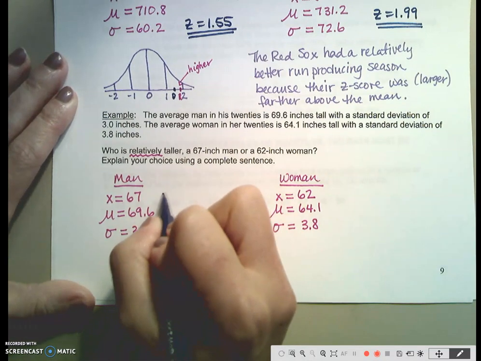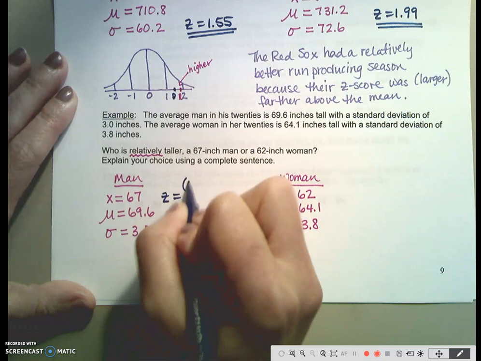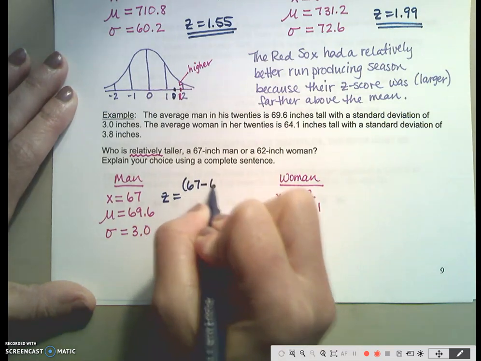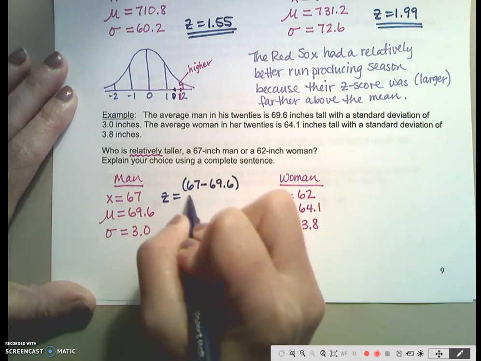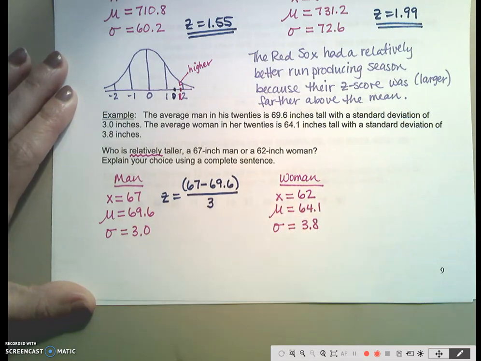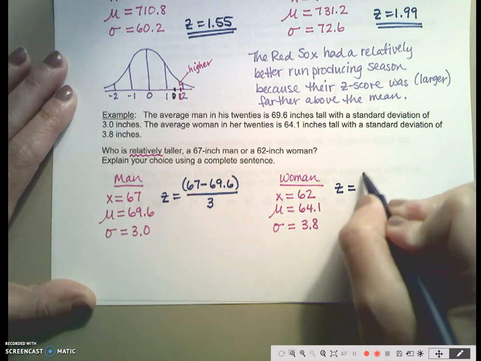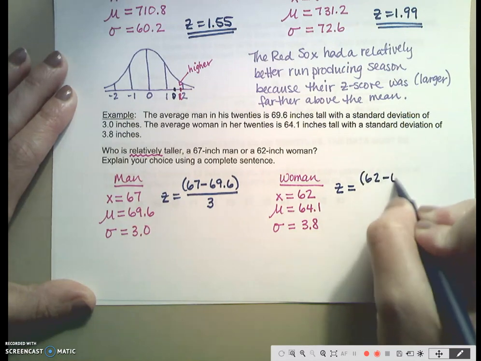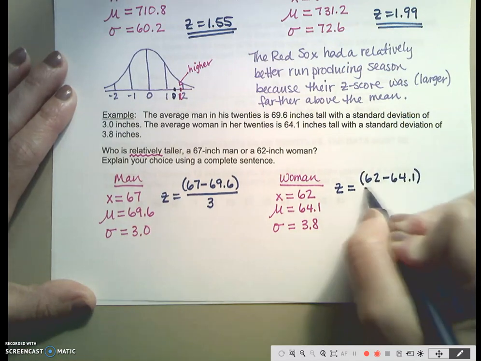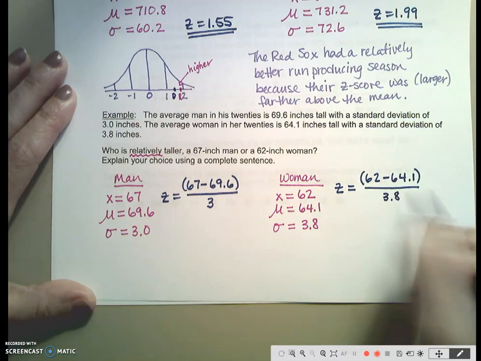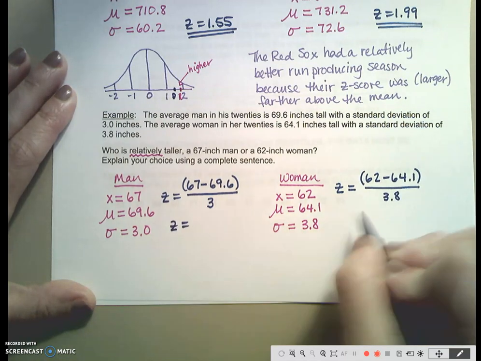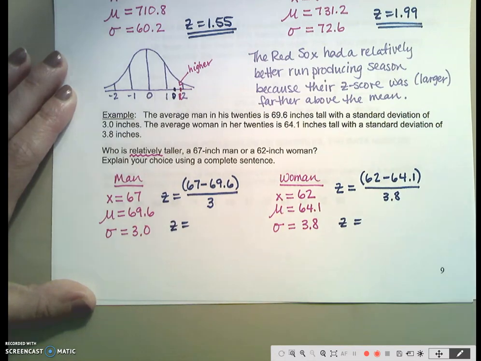Okay, z-score. Data point minus the mean over the standard deviation. Let me just write them all out and then I'll go to my calculator. Data point minus the mean over the standard deviation. And let's see what we get.